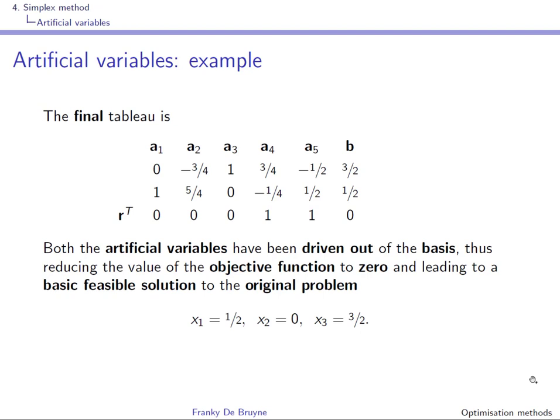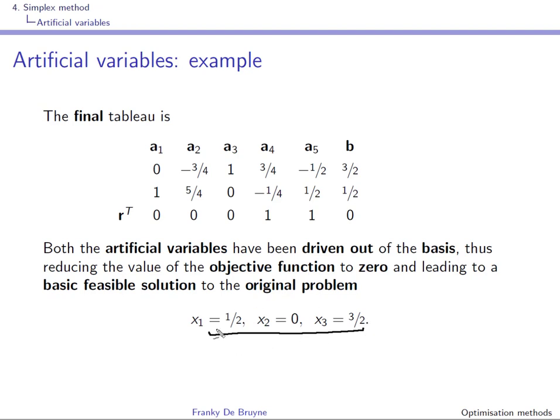And indeed, in this final tableau, the artificial variables x4 and x5 have been driven out of the base. The objective function is 0, and this leads to a basic feasible solution to the original problem.